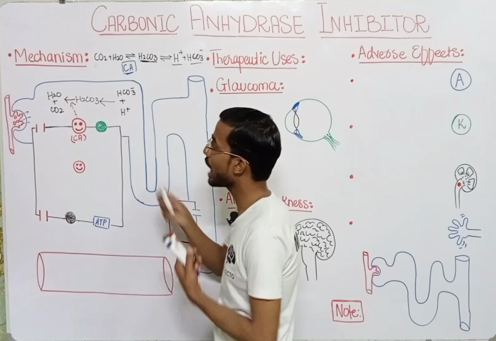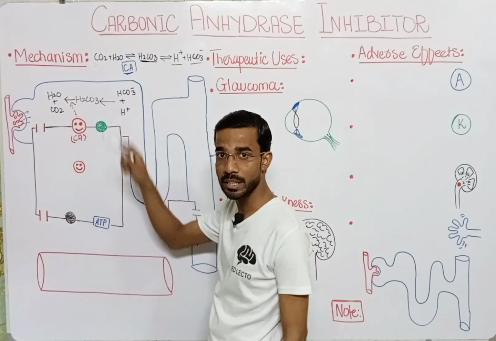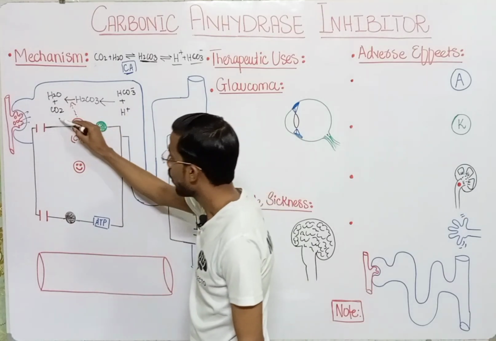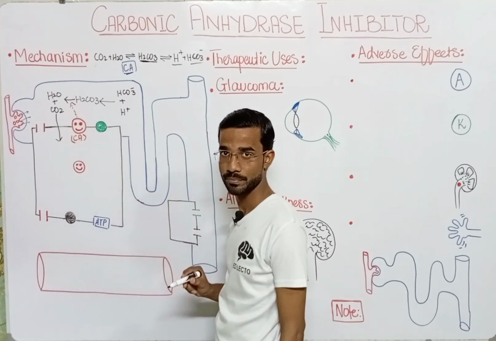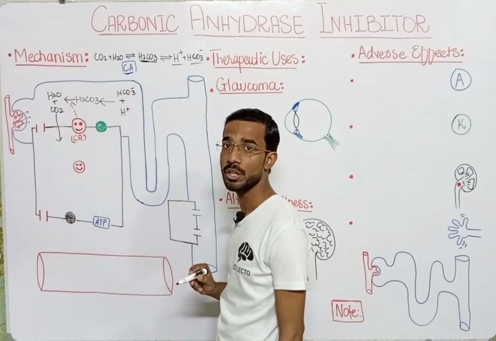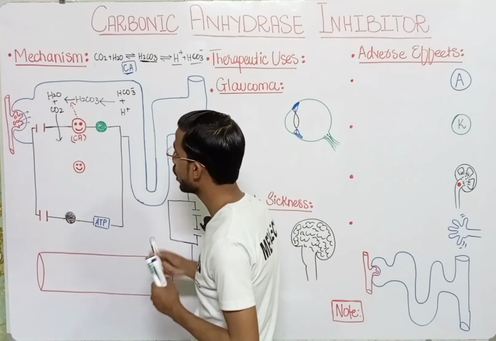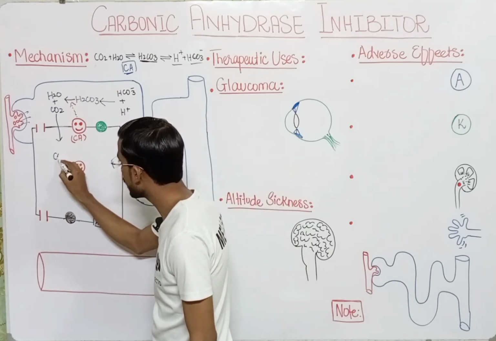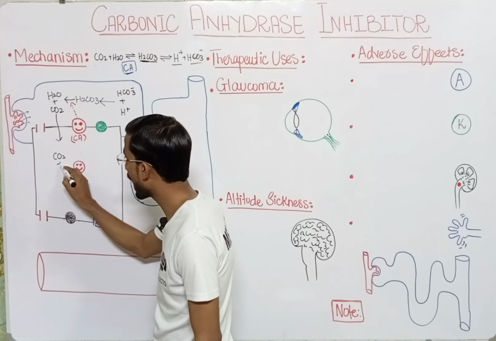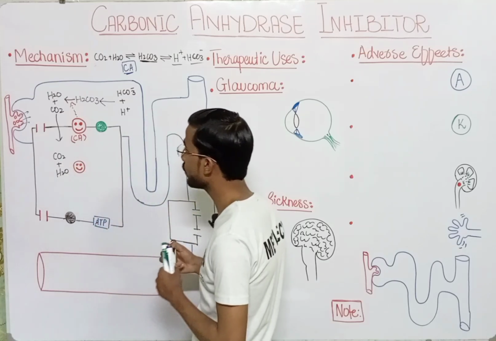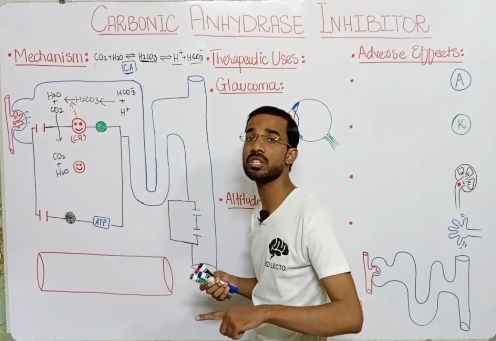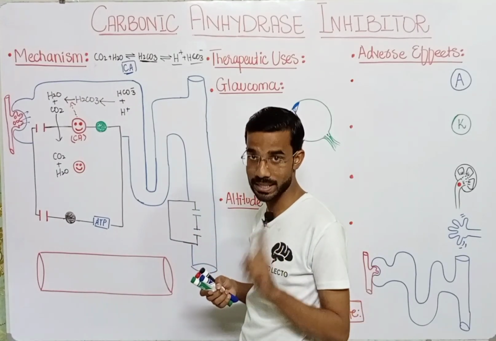Now this carbon dioxide, present in the lumen, will diffuse into the epithelial cell of the tubule. There the carbon dioxide combines with the water present in the cell and again results in the formation of carbonic acid.